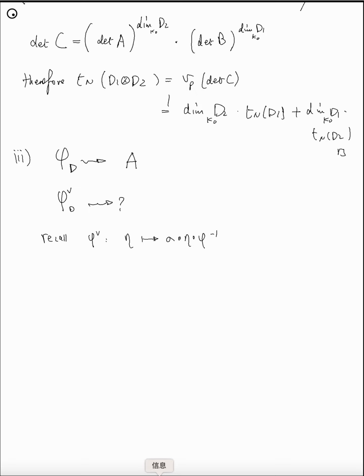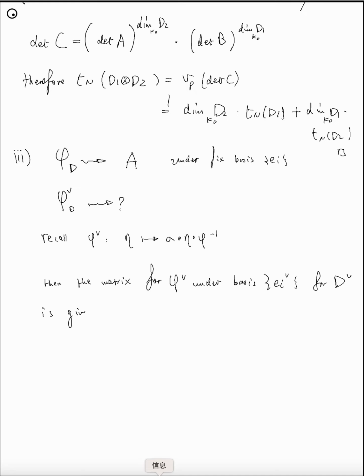And so this should tell you that if the matrix for phi D is A under a fixed basis EI, then the matrix for phi du under the basis EI du for D du is given by sigma A inverse, right?